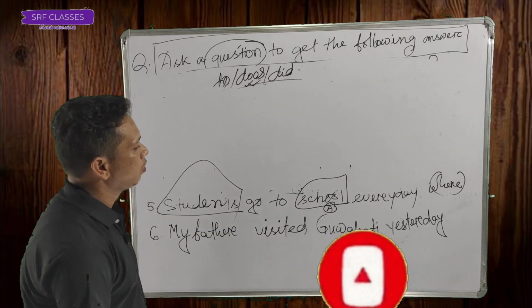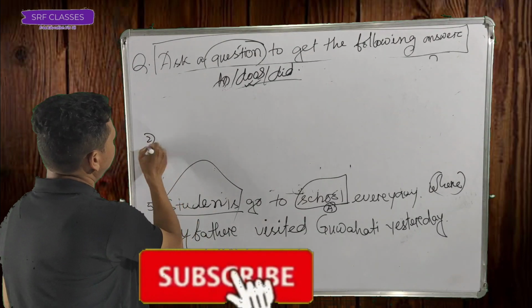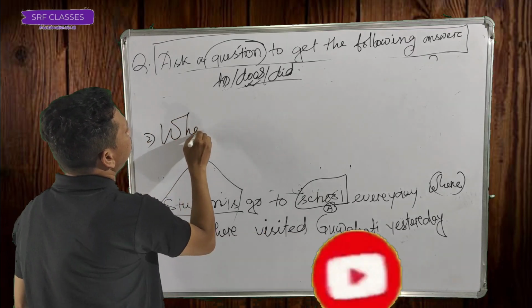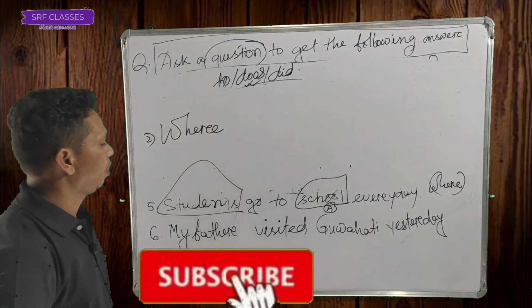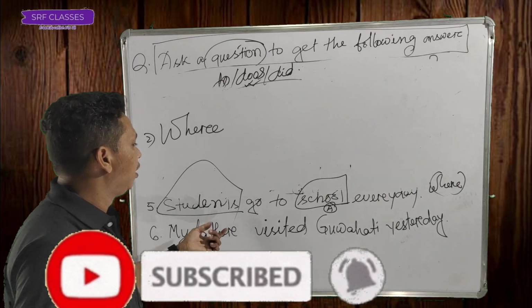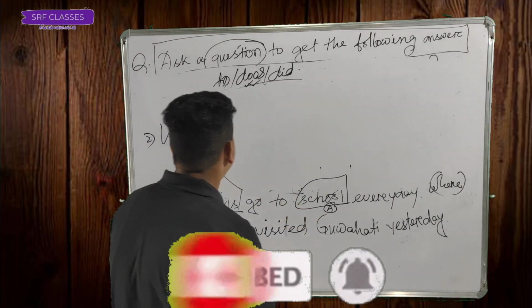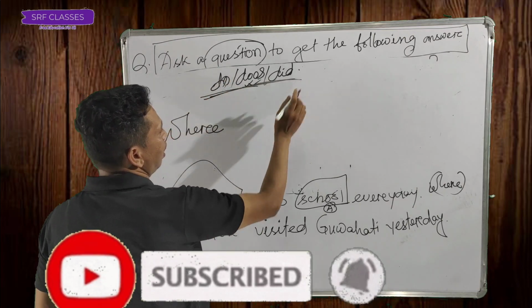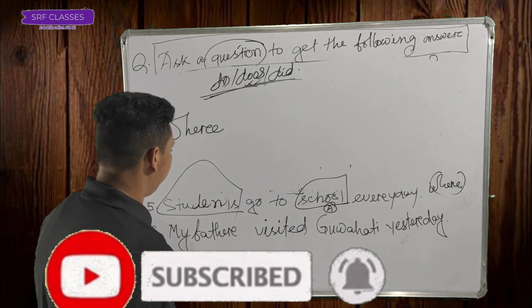Okay, so we'll take this where and we'll solve this problem. So we'll take the question word, which is where. Now again in this sentence you don't have any special verb. If you don't have any special verb to make a question, you should take help from do, does and did.